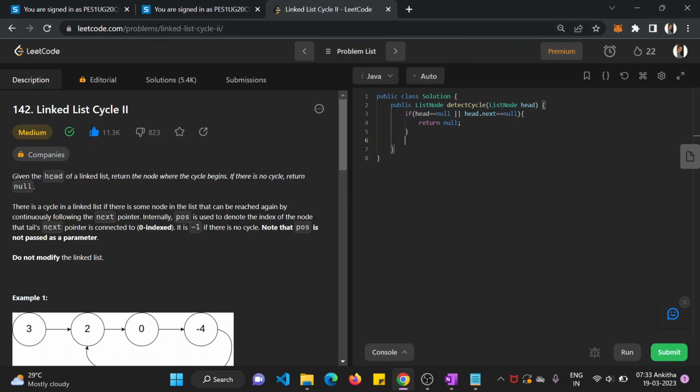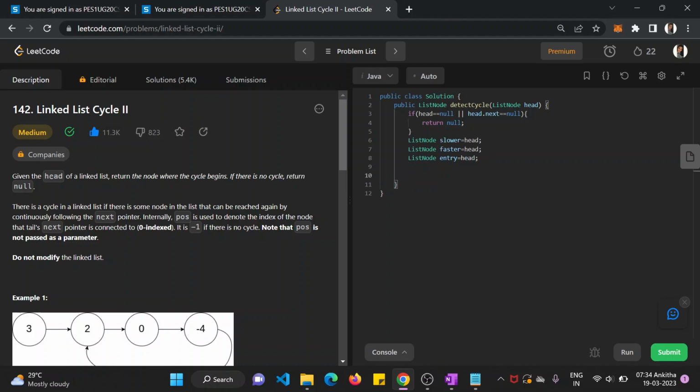So coming to the next part, you have to create list node slower equal to head, list node faster equal to head, and one more we need, list node entry equal to head. These two list nodes are to find whether there is a cycle in the linked list or not. This entry list node is required to find where the cycle is beginning.